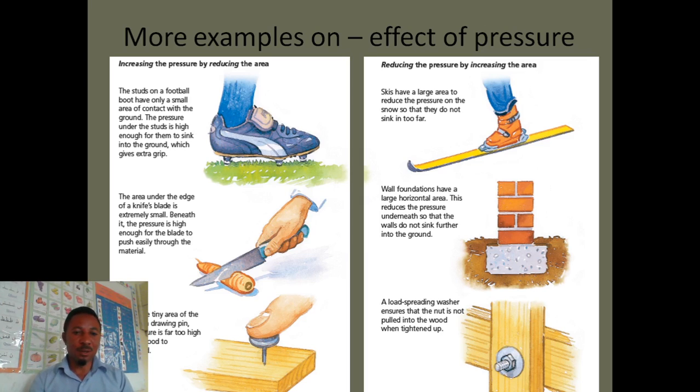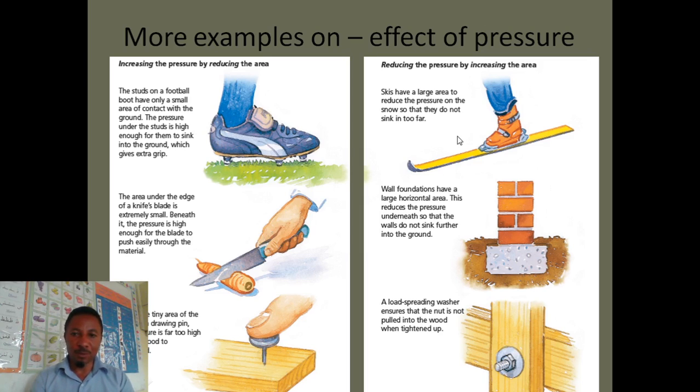We've already discussed the case of using a sharp knife and a blunt knife to cut, right? And then the last case here is a pin with a tiny area. Under the tiny area of the point of a drawing pin, the pressure is far too high, so it can pierce through the wood easily.